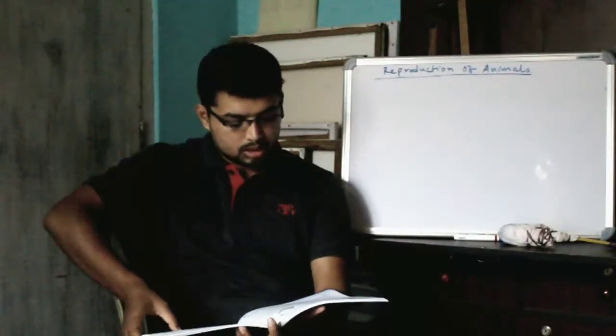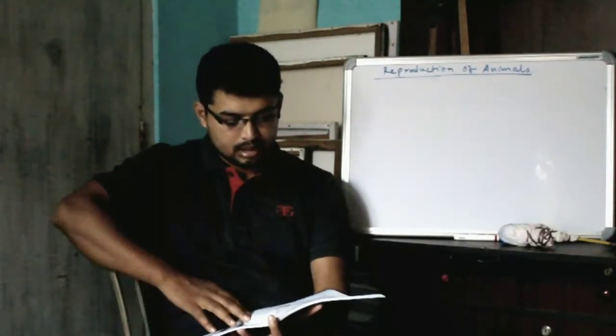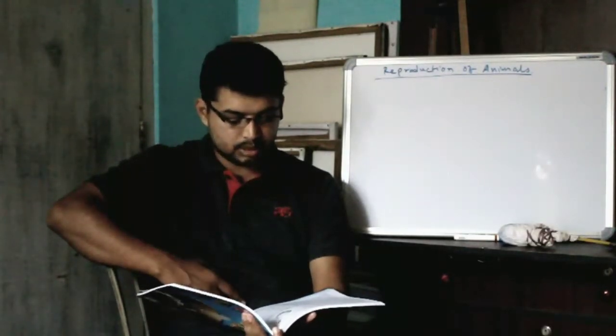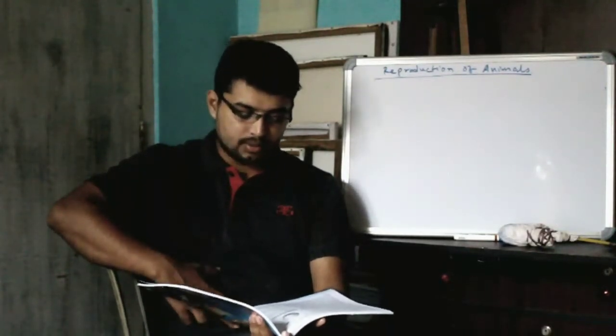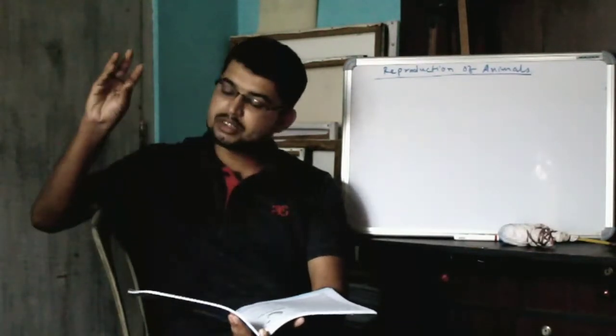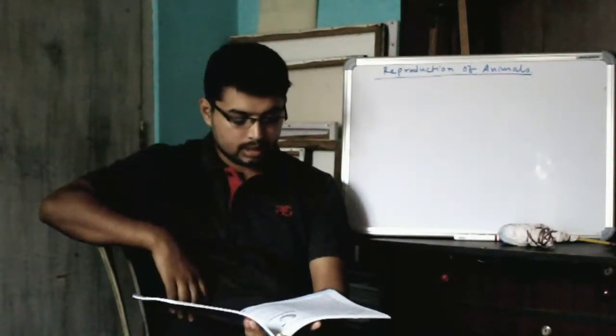It is called albumin. It is a clear jelly-like substance which makes up 58% of the weight of the egg.